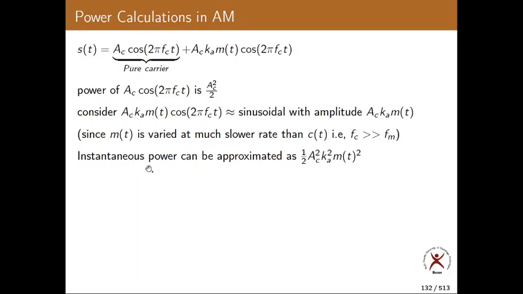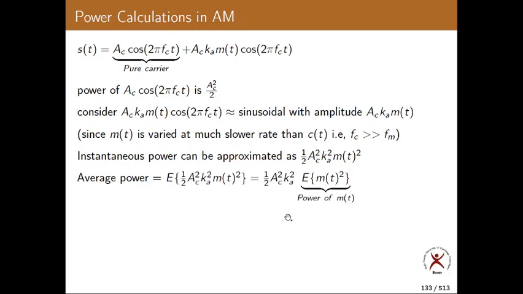The instantaneous power of this signal is Ac square Ka square m of t whole square by 2. This is the instantaneous power of the term Ac Ka m of t cos 2 pi Fc t. Now let us find the average power of this term. To find the average power, we take the expectation. In the expectation of Ac square Ka square m of t whole square, these three are constants.